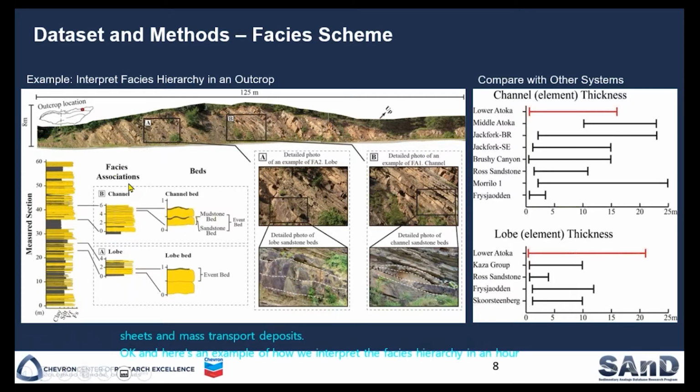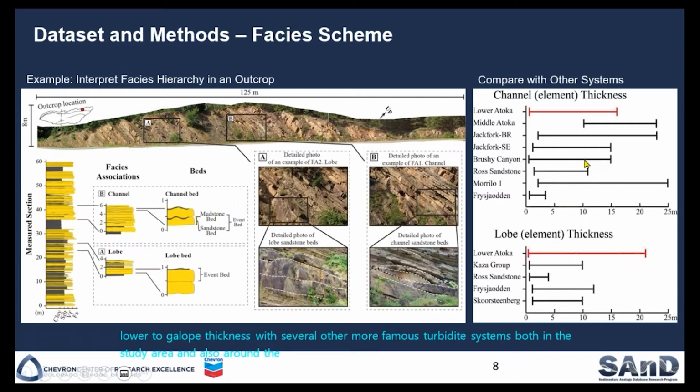We also compare our thickness range of lower Atoka channel thickness and lower Atoka lobe thickness with several other more famous turbidite systems, both in the study area and also around the world.